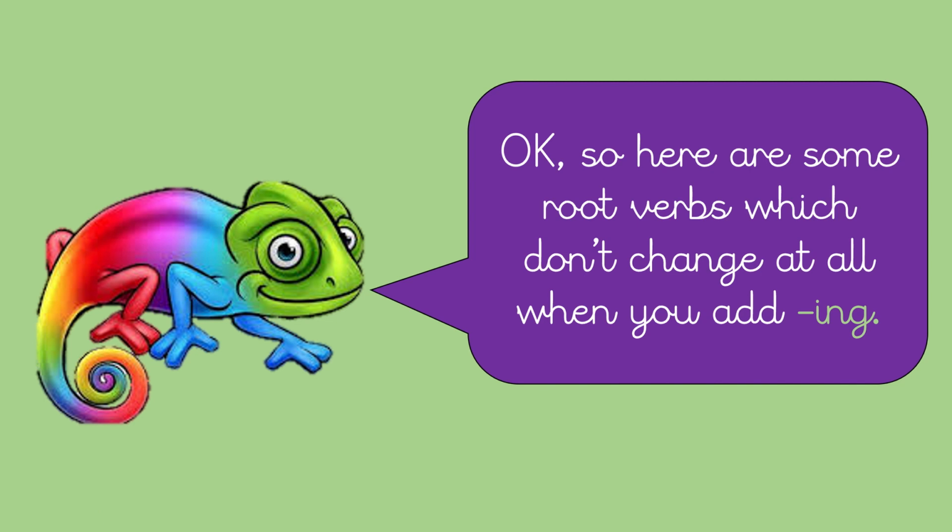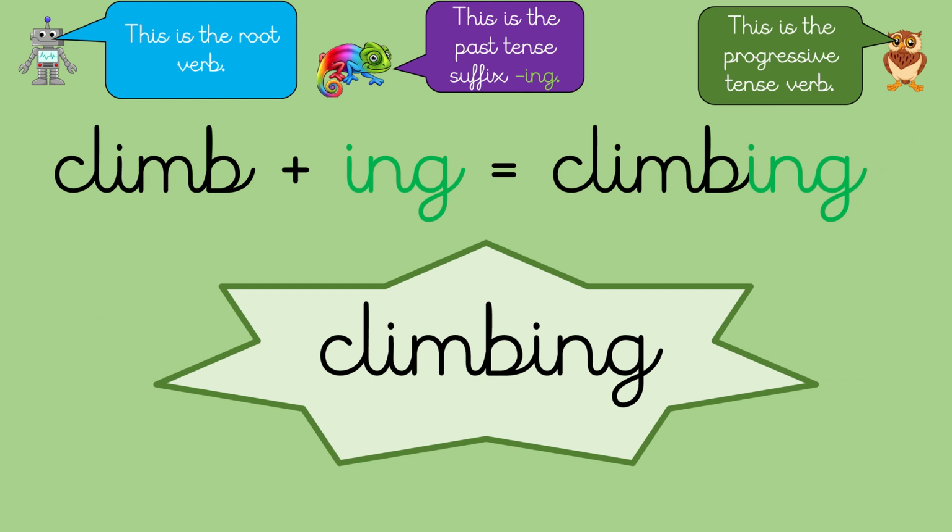Okay, so here are some root verbs which don't change at all when you add the ing. Right, let's have a look. Okay, so everybody, can you read this one? Brilliant, it's the word climb. And Rex is saying, this is the root verb. And then Kathy's saying, this is the past tense, not past tense suffix. This is the suffix ing.